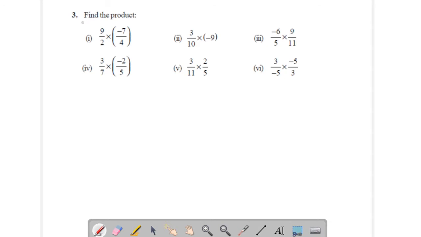Come to third question. Find the product. See the solution. First part, 9 upon 2 into minus 7 upon 4.